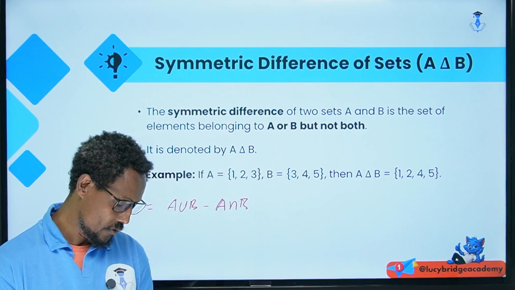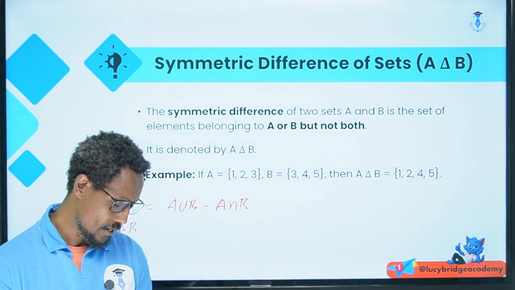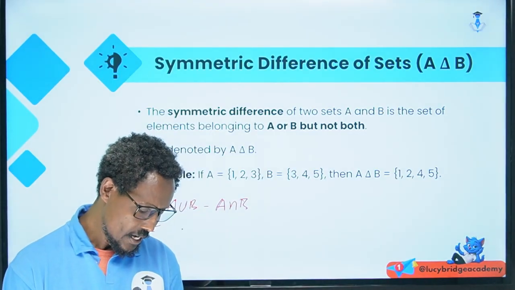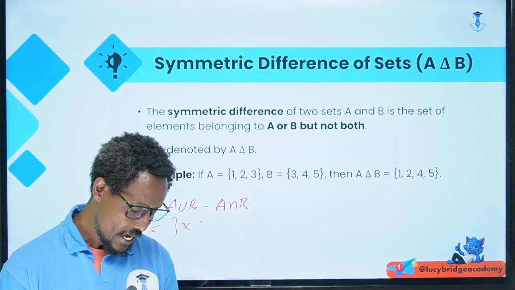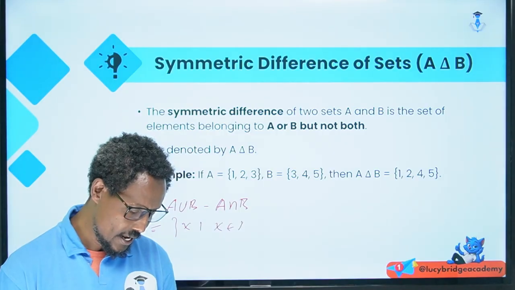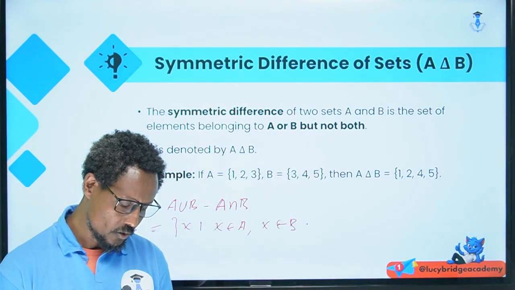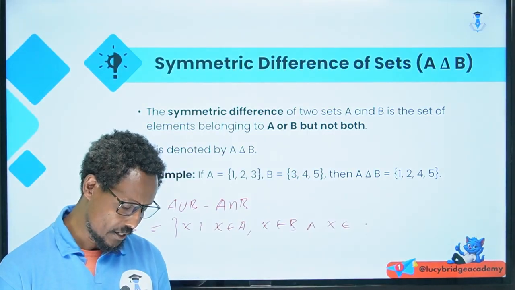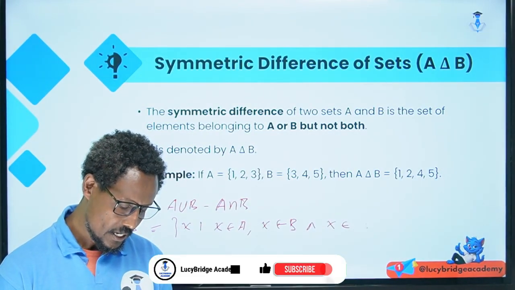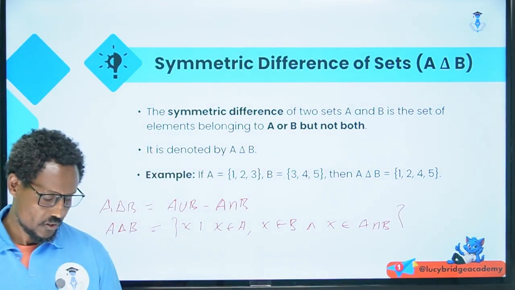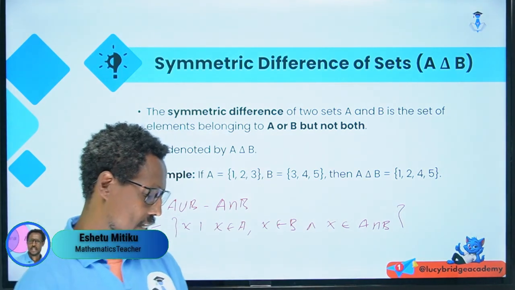Or A symmetric difference B is equal to the set of x such that x is either in A or in B, but x is not in both A and B, that means A intersection B. Look, example.